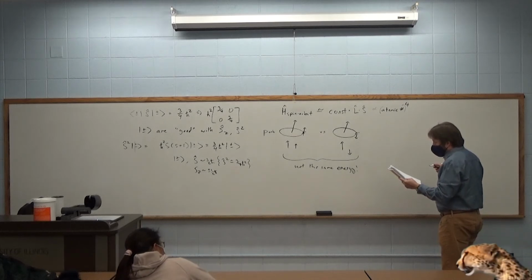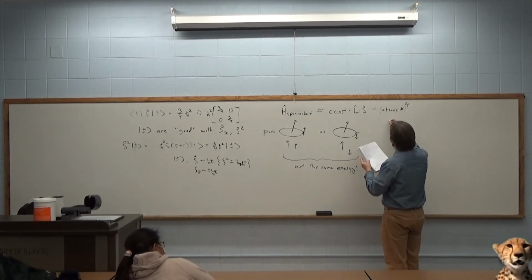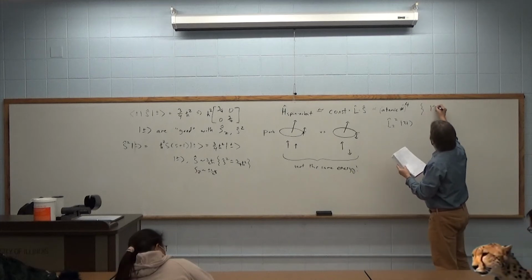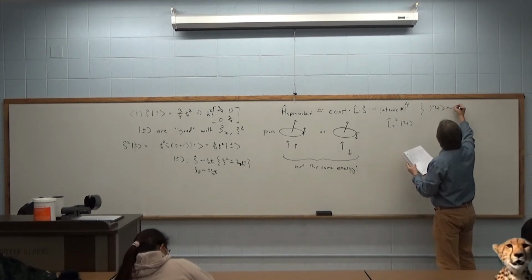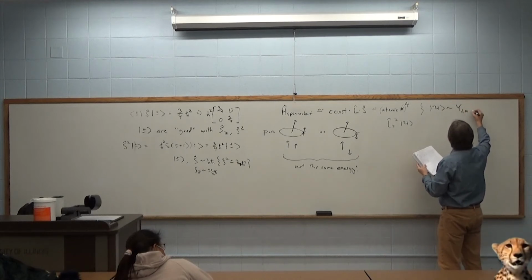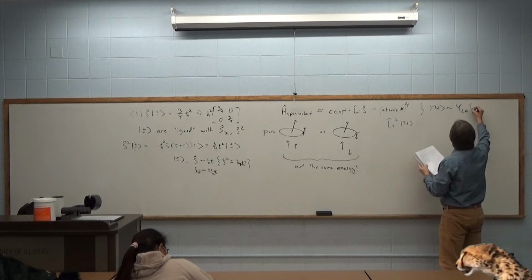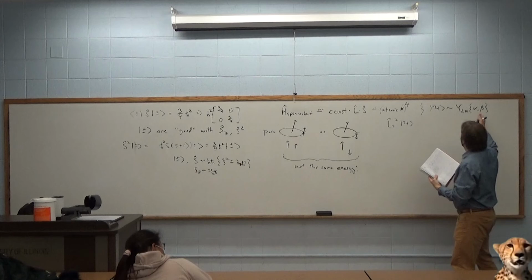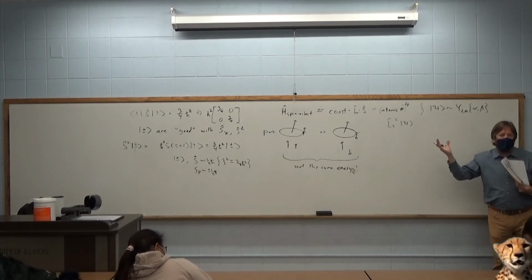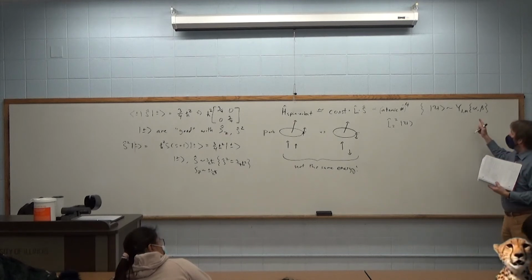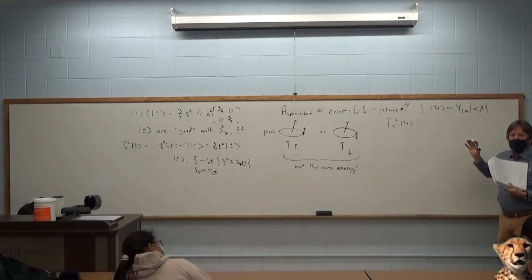Let me remind you that we'll assume we have spherical harmonic wave functions times spin wave functions. So it'll be like a spherical harmonic and then another, alpha or beta, which again has no actual functional form. Remember when we talked about how spin wave functions are just alpha or beta?